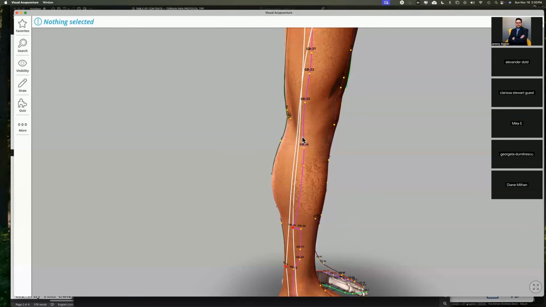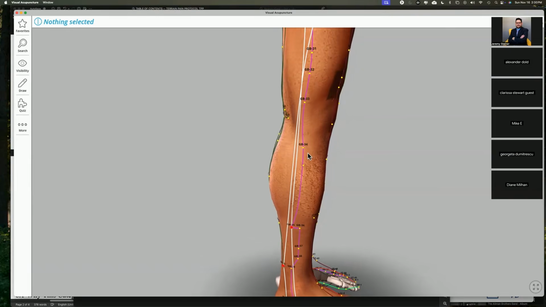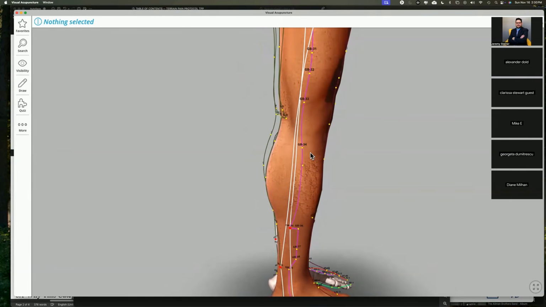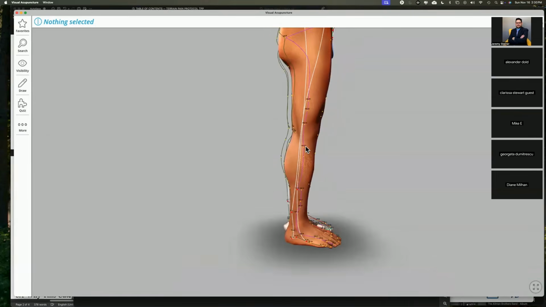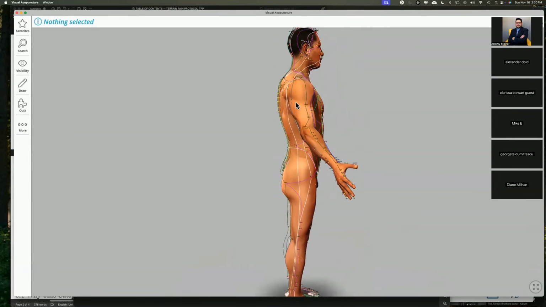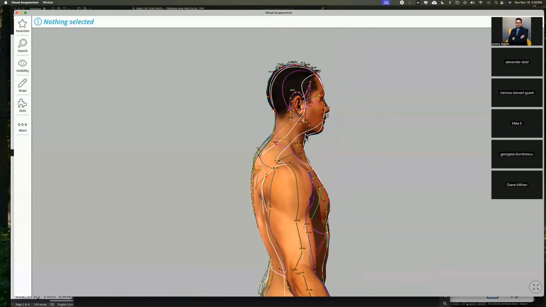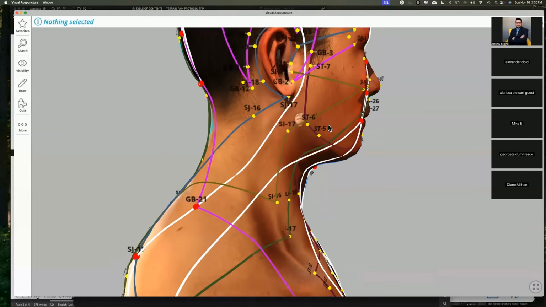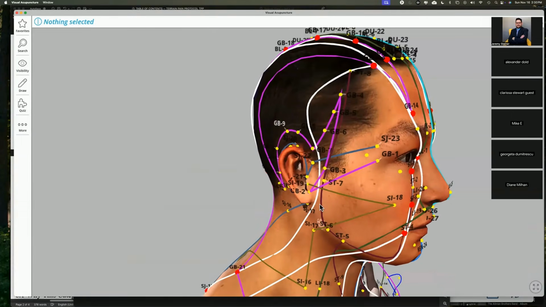Am I going to needle directly into the gallbladder channel like gallbladder 34 where the pain is? You can. You'll probably get some relief, but that's more of a tissue point to compare and contrast. If you're choosing a Category 3 acuchannel point, you want to choose a point that's early on the channel. You don't have to choose number 1, but for the gallbladder channel, my favorite's number 1.